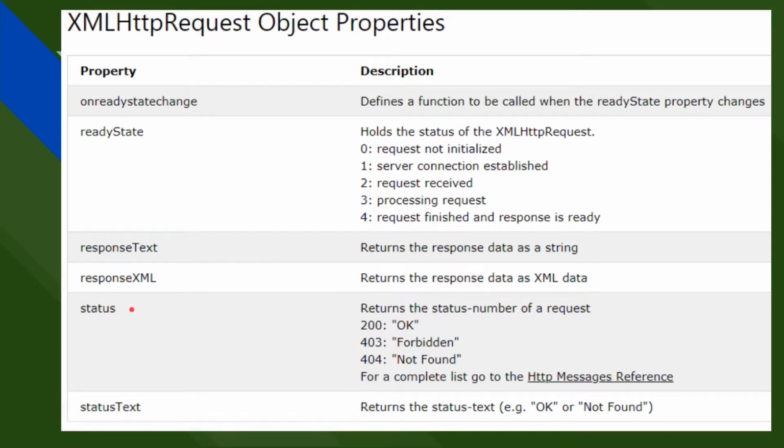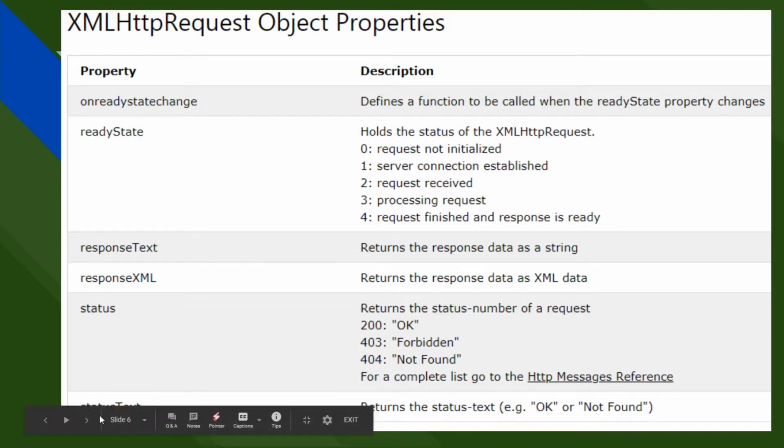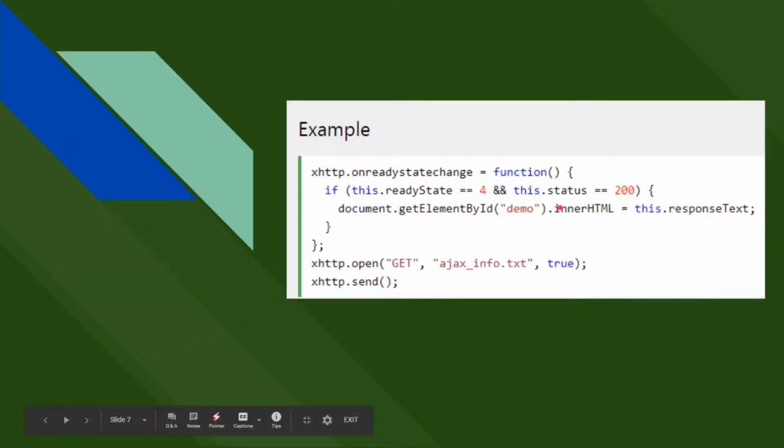If the readyState is 4, it means the request finished and the response is ready. Status is 200 or OK. When these two conditions are met, then we can process.